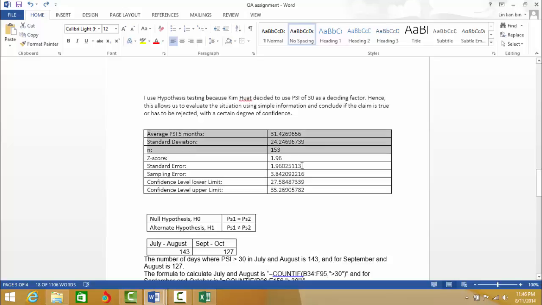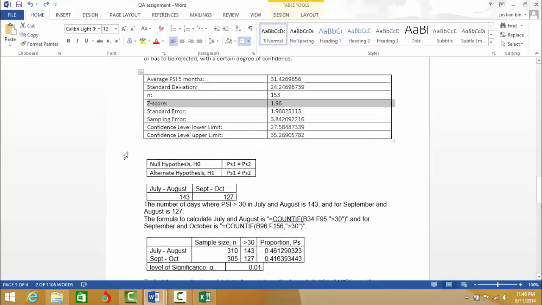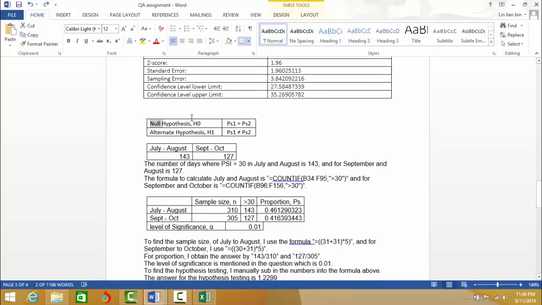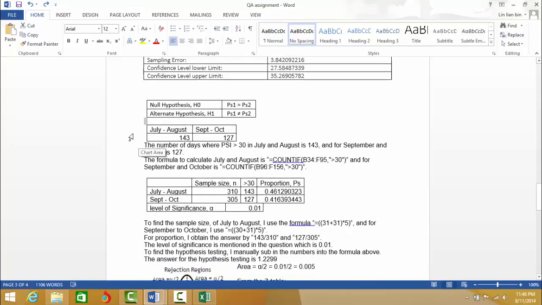And this is the table which I have used to find all this. The null hypothesis should be proportion 1 equals proportion 2, and the alternate hypothesis is proportion 1 isn't equal to proportion 2.